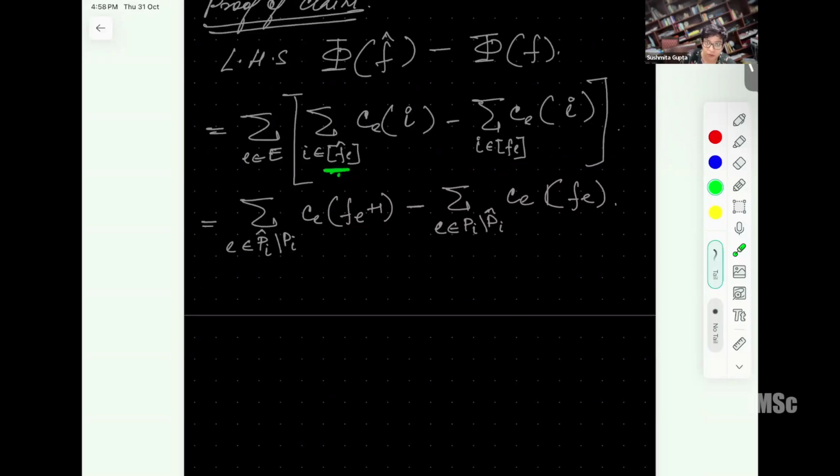f hat of e could have risen because, on an edge e, if new flow is coming through, then whatever was there before already remains. An extra 1 unit is coming through now, right? Once you have a deviation, on an edge a single extra unit of flow is coming.